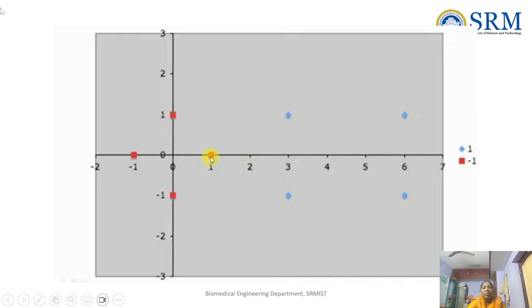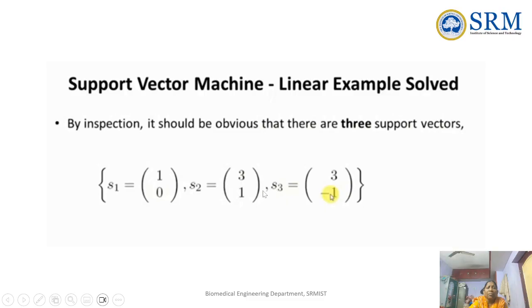The chosen three support vectors are these data points: (1, 0), then (3, 1) and (3, -1). These three are the data points chosen as the support vectors S1, S2 and S3.